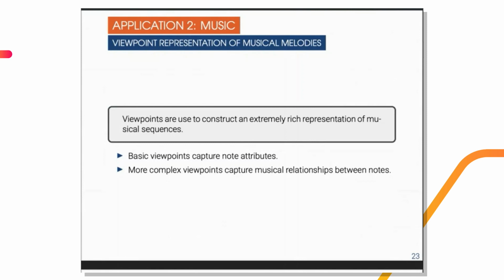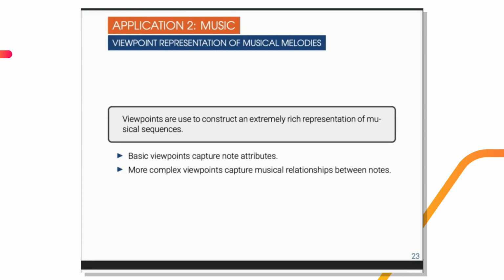So the IDyOM system defines a huge number of musical viewpoints. I'm not going to go into the details of how those are done, but it's an extremely rich representation. The basic idea is that atomic viewpoints capture the basic attributes of notes, like in my example of the musical sequence from earlier: pitch, onset time, duration, these kinds of things.